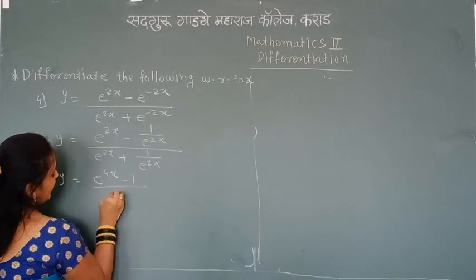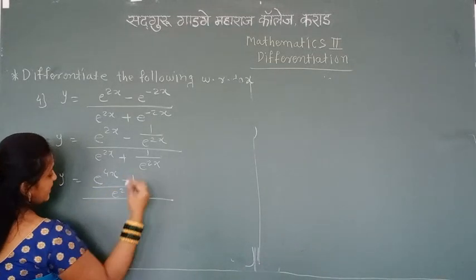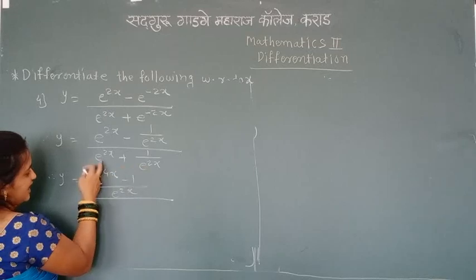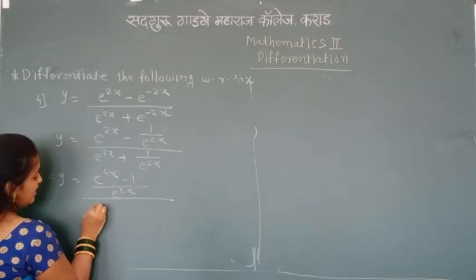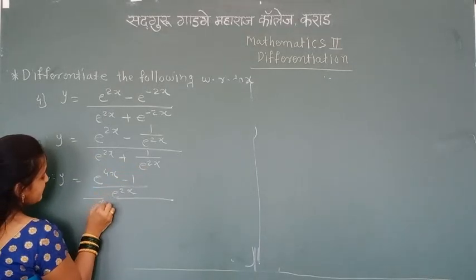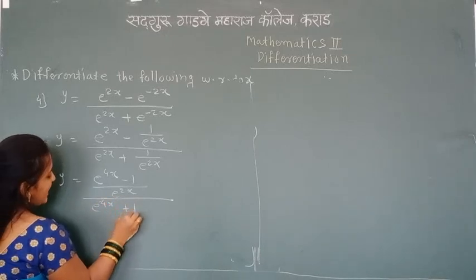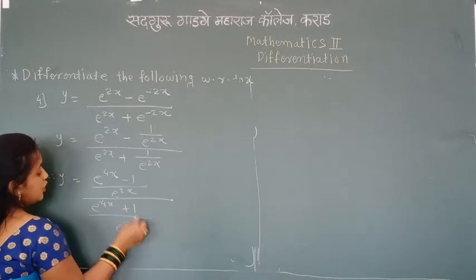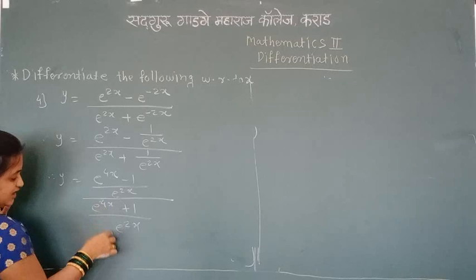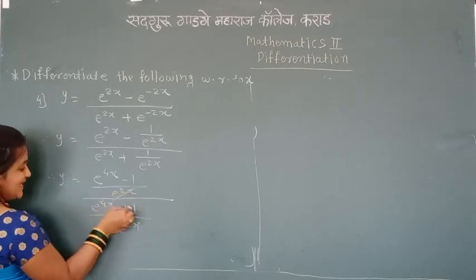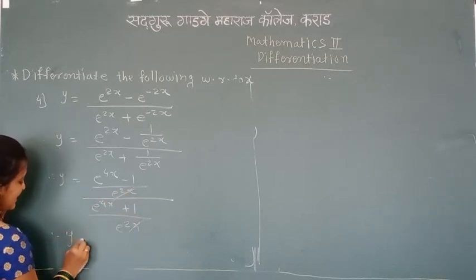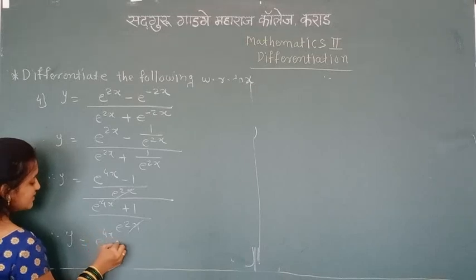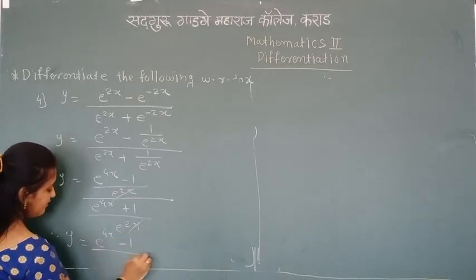Minus 1, divided by e raised to 2x; the denominator is the same. Divided by e raised to 4x plus 1 divided by e raised to 2x. The denominators are the same, so they cancel out. So y is simplified: e raised to 4x minus 1 divided by e raised to 4x plus 1.